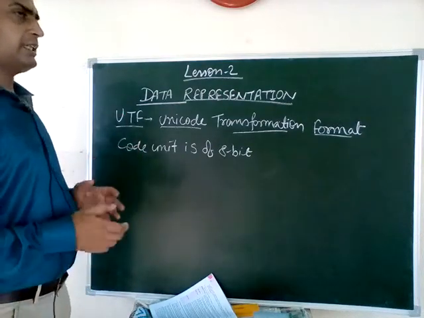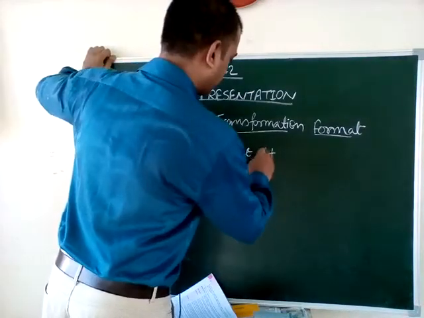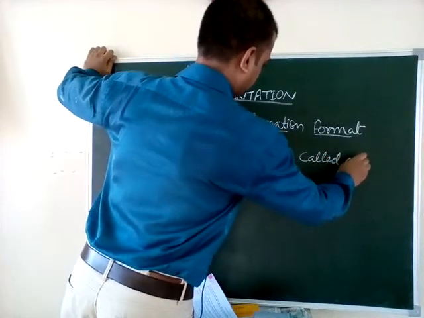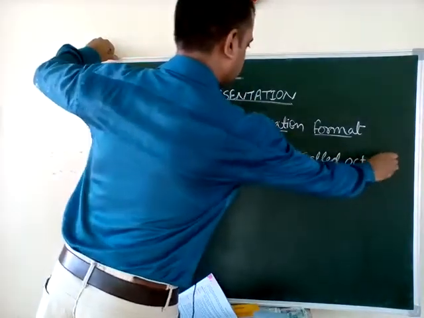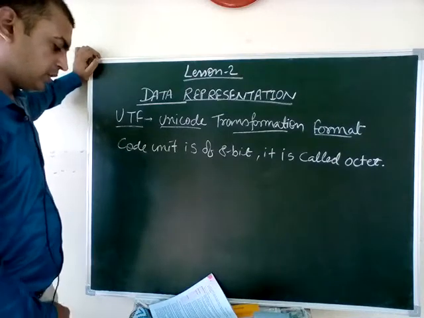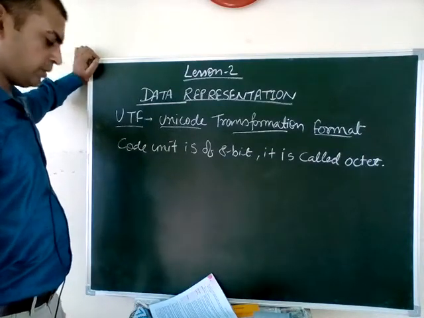If we are representing anything in 8 bit, then it is called an octet. Octet means 8. Now UTF-8 can use 1 to maximum 6 octets to represent a code.